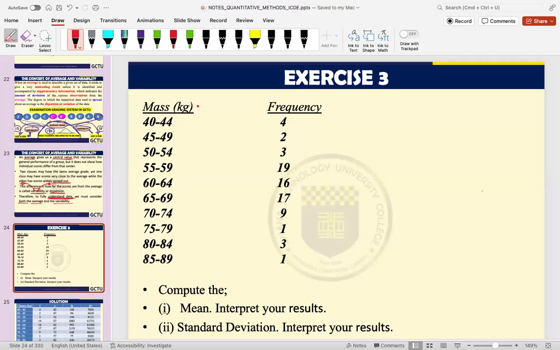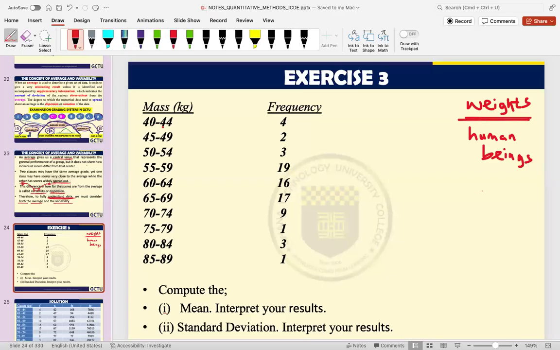So this could be either human weights or item weights. Okay. So let's say these are weights of some human beings, or some persons. Let's say these are their weights. And look at the data that has been presented to us.